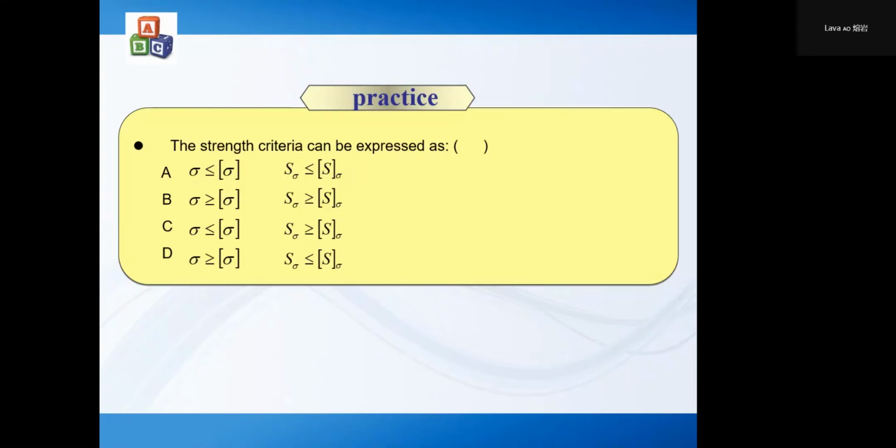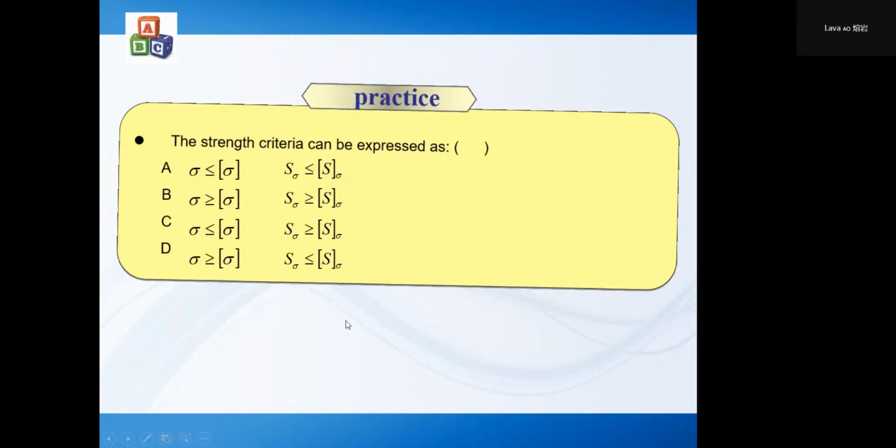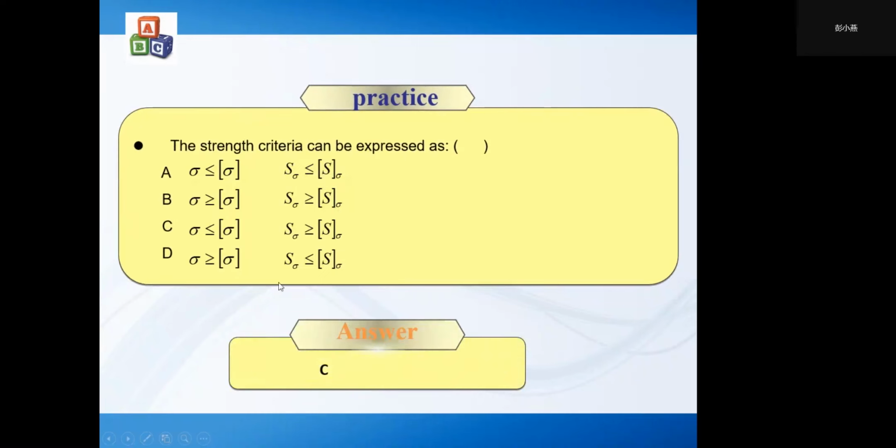I think it's C. Yes, C is correct. The actual stress acting on an element should be less than the allowable stress. And the safety factor should be larger than the allowable safety factor. C is correct.